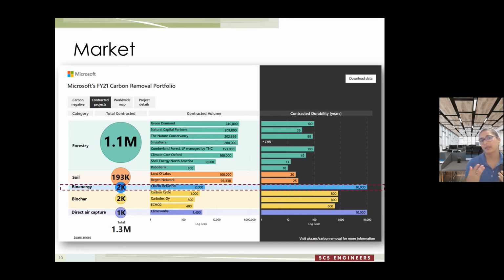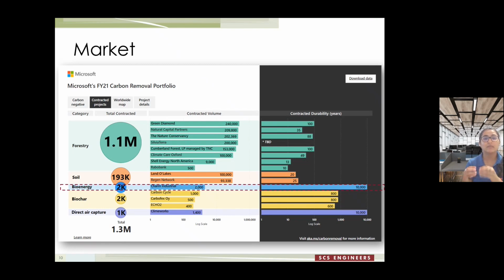On this slide, I have a portfolio of Microsoft. They have invested in a lot of different kinds of carbon removal, both biologic and geologic. The forestry is the biologic. And even though the contracted volume there is in the hundreds of thousands, if you look at the duration that the carbon dioxide is being removed, it is about 100 years. Compared to the one with the bioenergy, even though the contracted volume is lower, it is removed for 10,000 years.